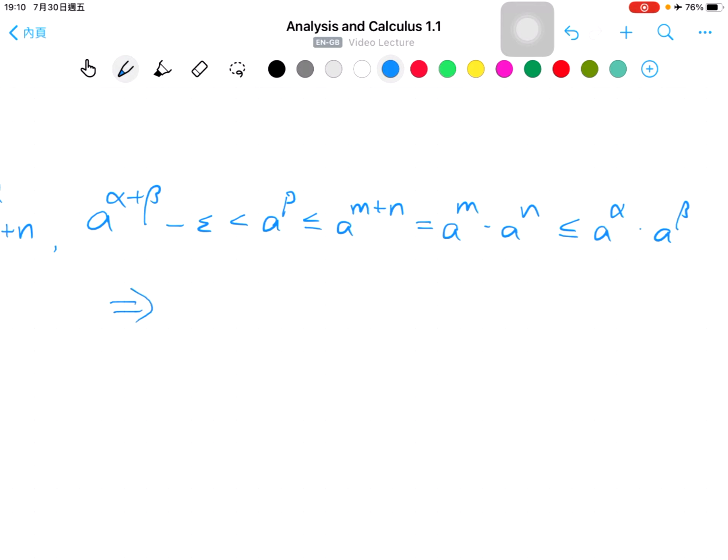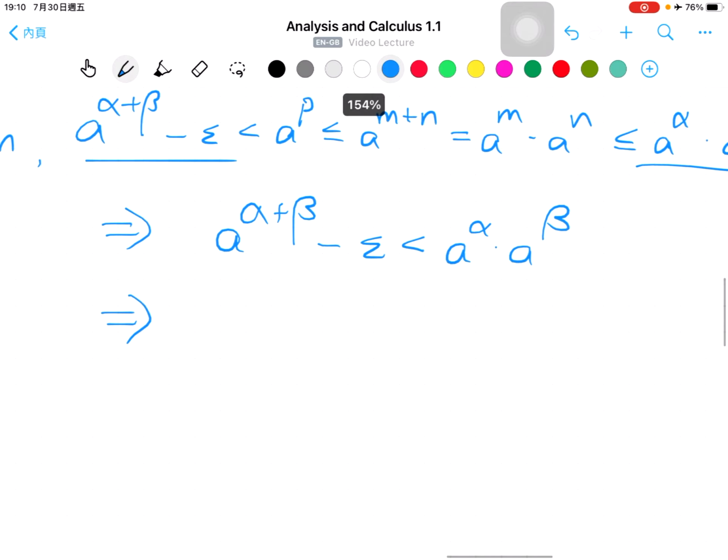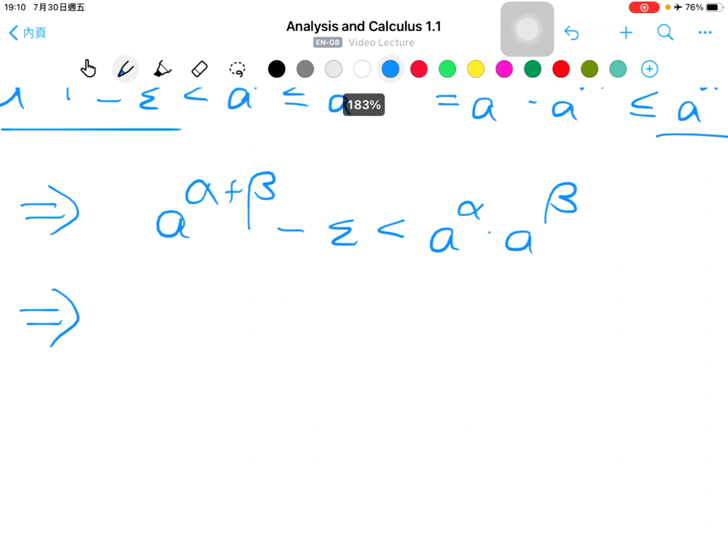This would mean a to the alpha plus beta minus epsilon is strictly smaller than a to the alpha times a to the beta. Minus something, no matter what, it's going to be smaller. So it's either originally smaller, or it's going to be equal.